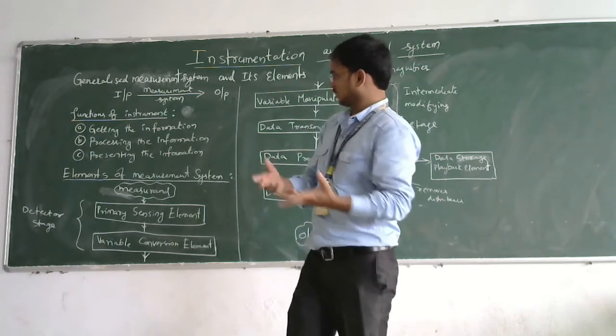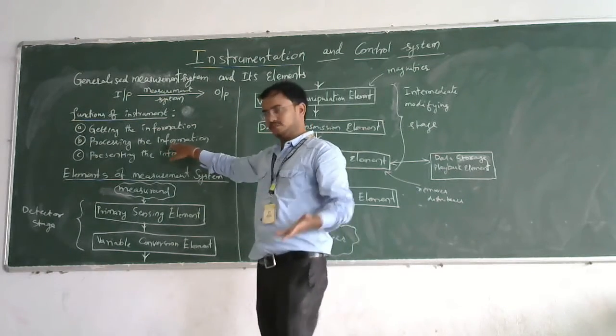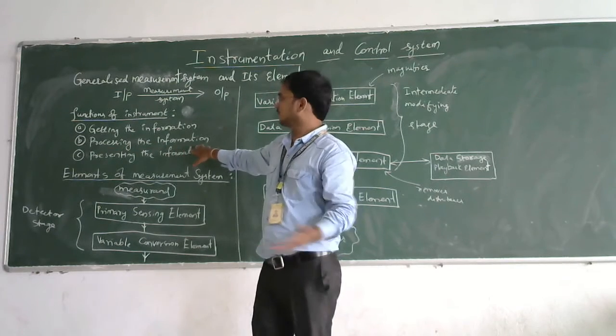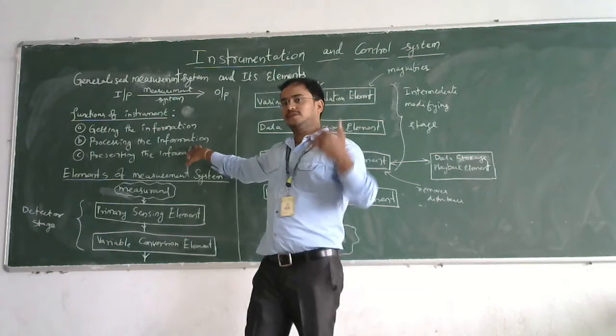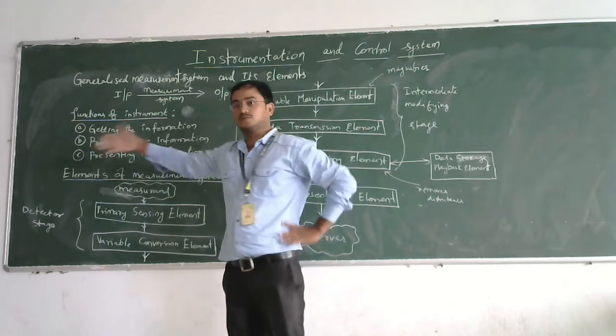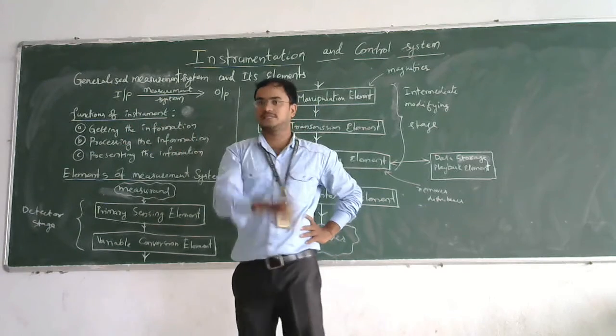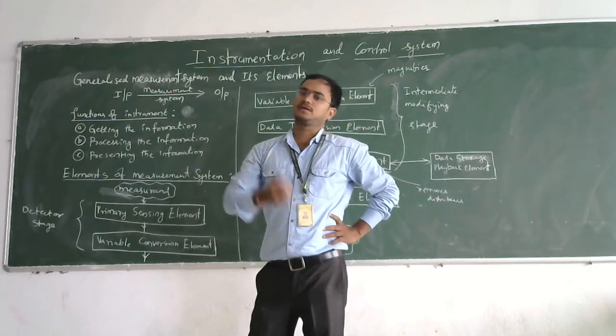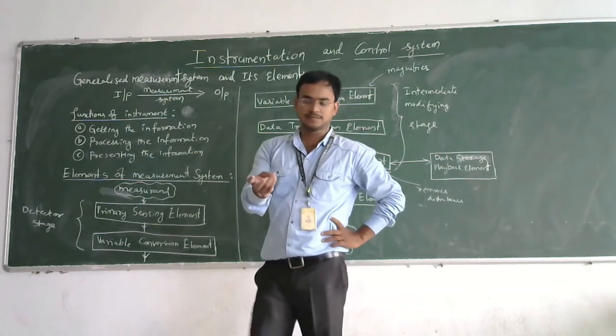If any conversions are there, that will come under processing the information. It is not simply taking the input and giving the output. So many things are happening in it, as we discussed before. It can be a primary method, secondary method, or tertiary method.